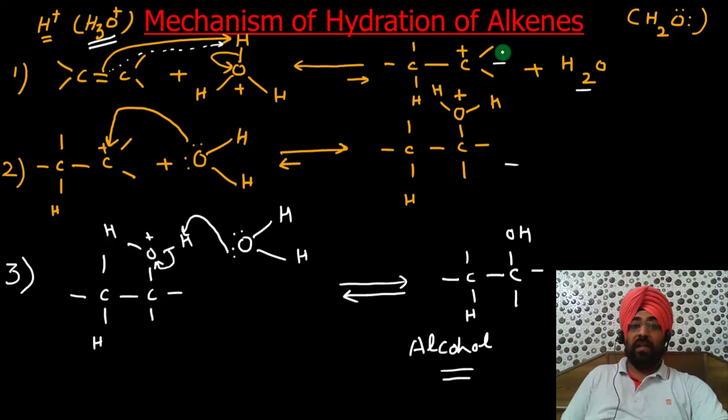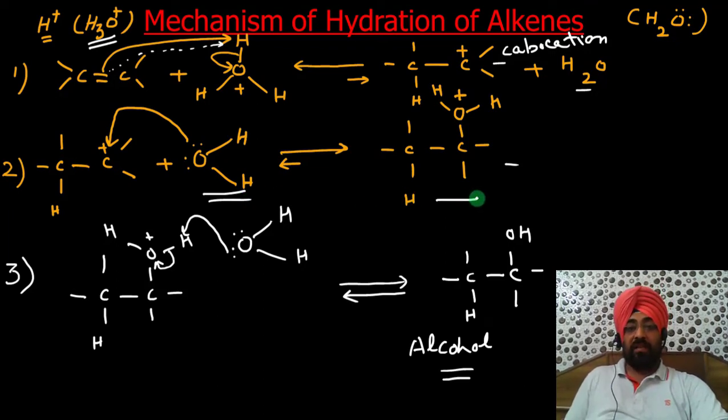So this is carbocation. Now in the second step, the carbocation is attacked by the nucleophile, which is water in this case. So water will attack here, you will get this. Now third step is simple regeneration of the catalyst. This can be done by addition of one more molecule of water.